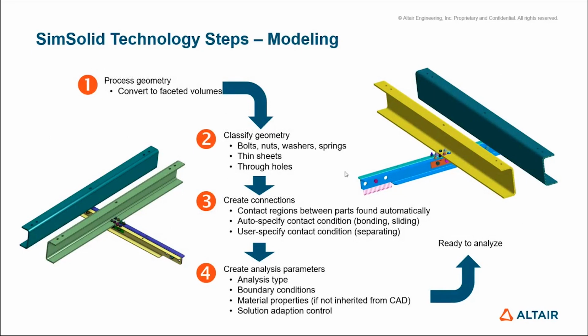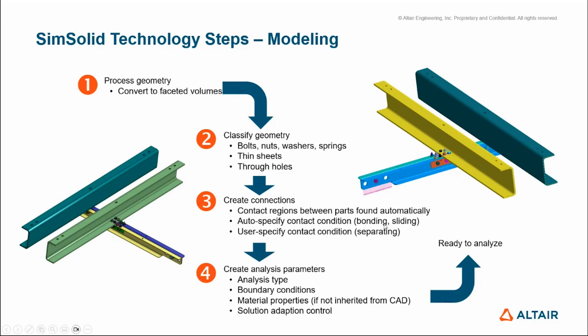So the technology steps in terms of modeling, how does it work? When you import the geometry, the process converts it to faceted volumes. It classifies the geometry internally, as I said, identifying bolts, nuts, washers, springs, thin sheets, through holes, etc. Create connections then prompts you in terms of defining contact regions between parts, found automatically, or to specify contact condition, bonding, sliding.